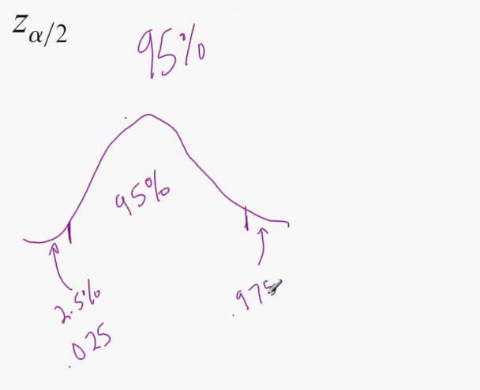These numbers end up being plus or minus the same value, and this value is plus or minus 1.96.